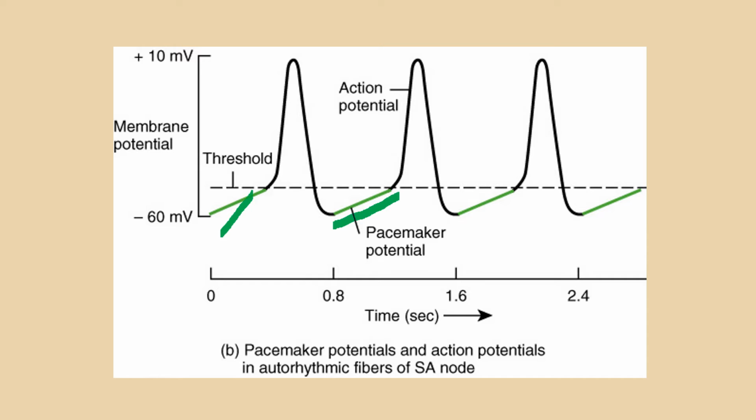It becomes steeper. And this means the autorhythmic fiber is quicker to reach threshold. The pacemaker potential is shorter in duration. And in this way, norepinephrine increases heart rate by shortening the duration of that pacemaker potential.